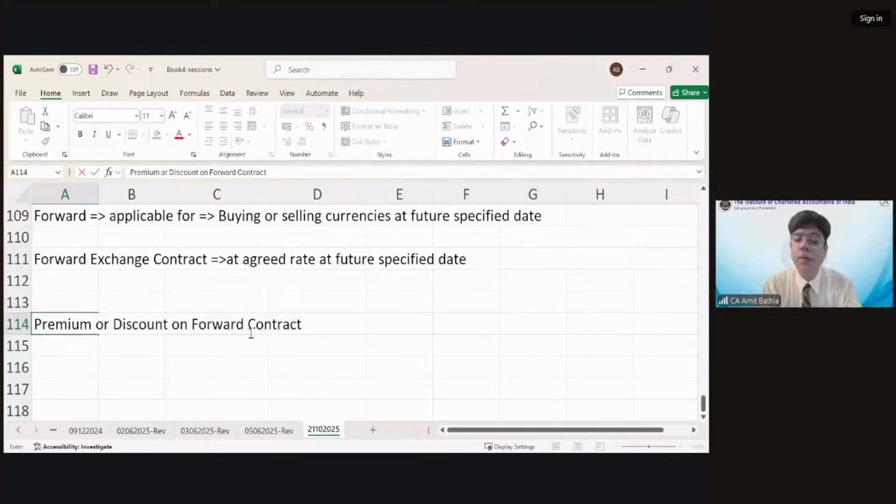Please remember, whenever we talk about premium or discount, we are talking about it in comparison to the spot rate.